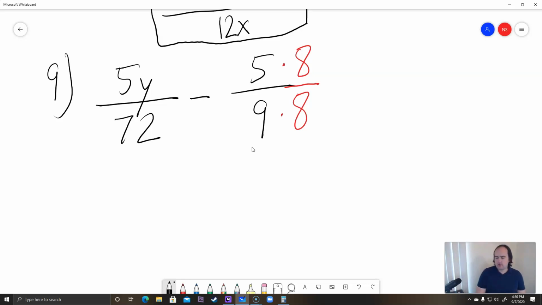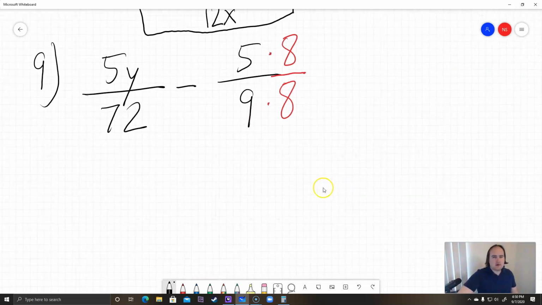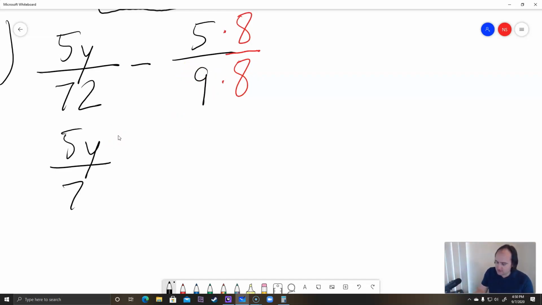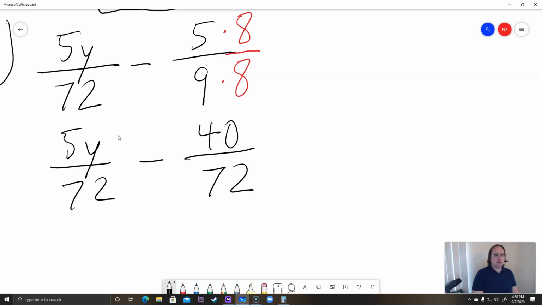Okay? So then that's going to give our second fraction is now going to have 9 times 8 is 72 on the bottom. So we have 5y over 72 minus 5 times 8 is 40 over 72. Okay, so 5y over 72 minus 40 over 72.